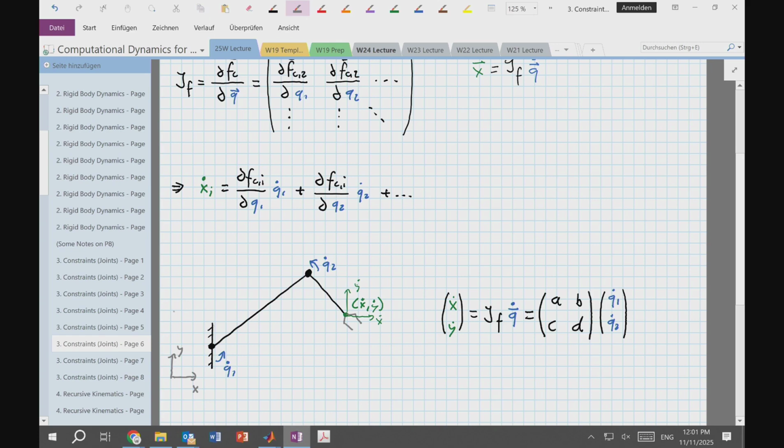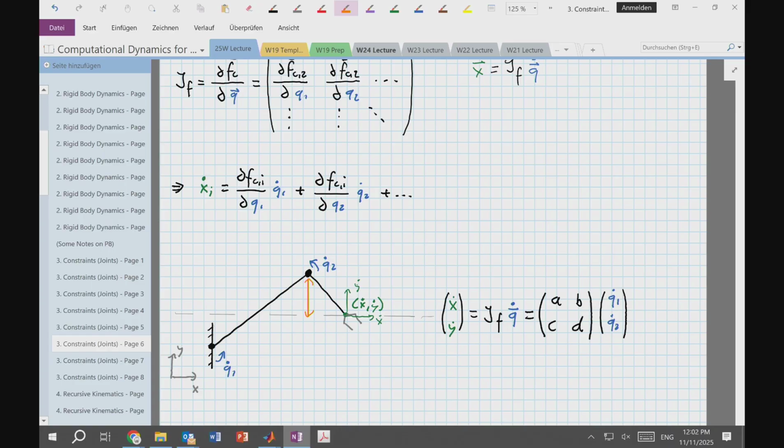Where's that lever arm? It only matters in which direction we're moving, and we have to look at exactly this distance here. The larger I make that distance, the larger x dot is going to be for the same q2 dot. I hope everyone sees this, right? If I move further down, I will have a longer lever arm. I will get a larger velocity this way.